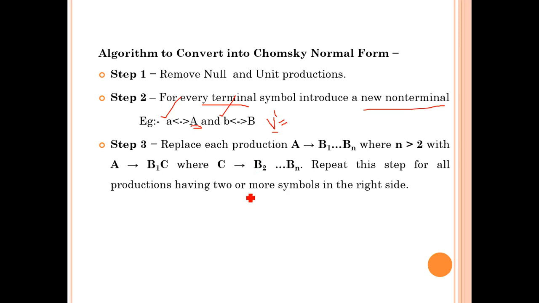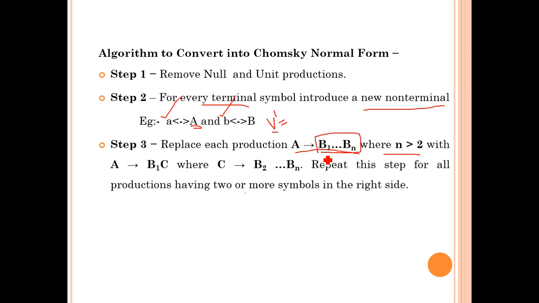Next, replace each production. For example, if you have a production, the production must have more than two length variables. So after replacing all terminals with non-terminals, you have non-terminals in the right hand side, and the length must be more than 2. If the length is 2, then it is in Chomsky normal form, isn't it?